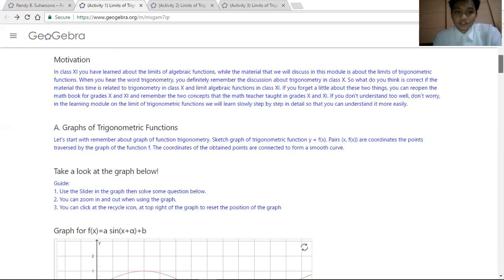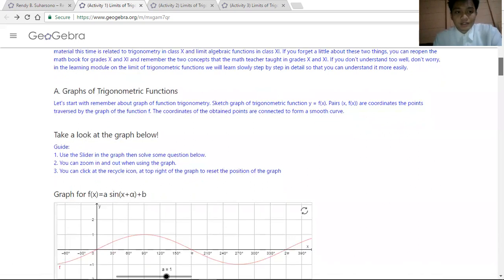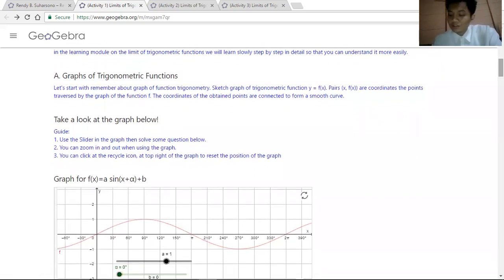A. Graph of trigonometric function. Let's start by remembering the graph of trigonometric function. Sketch the graph of trigonometric function y equals f(x). The pairs (x, f(x)) are coordinates of the points traversed by the graph of the function f. The coordinates of the points are connected to form a smooth curve.